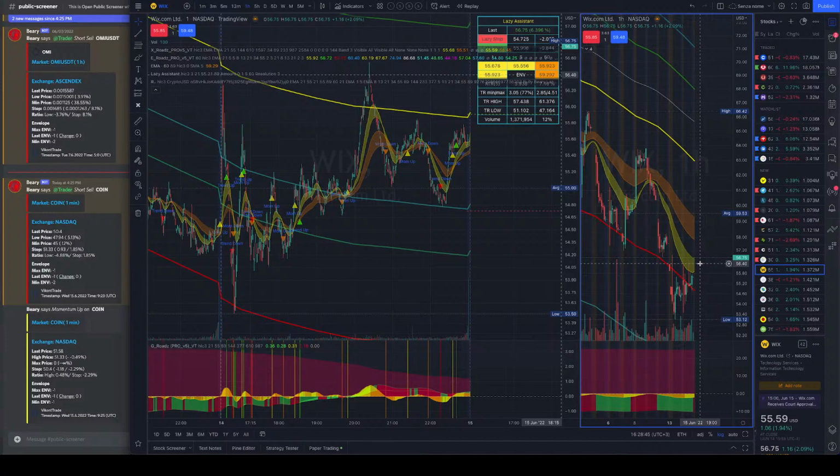So unless the price goes up and stays above these orange momentum bands, I'll not consider going long.